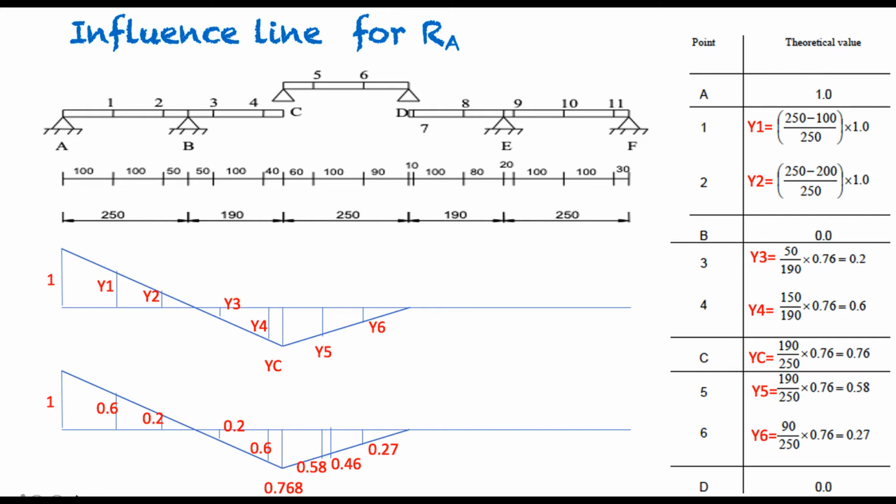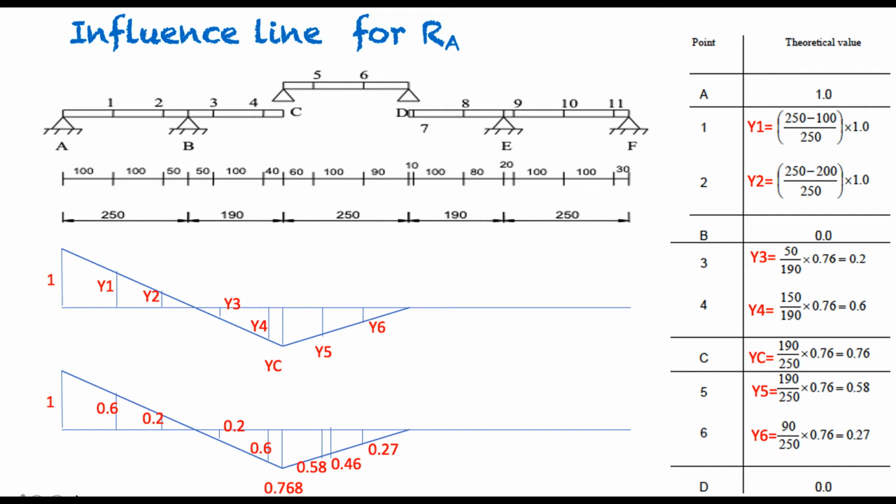So the ordinate of the influence line can be obtained by using similar triangles. The ordinate can be seen in the last diagram, using the similar triangles, and the table on your right is the calculation of how to get the ordinate of the influence line.